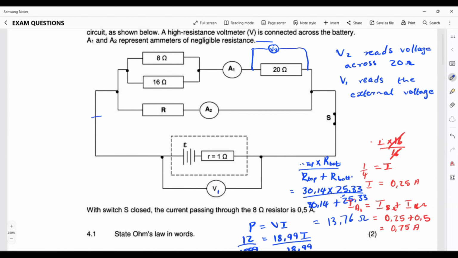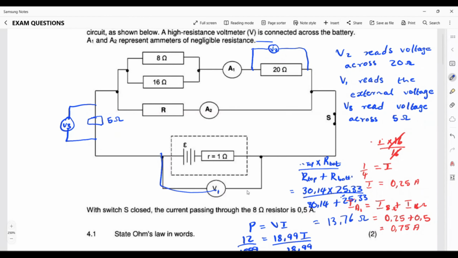If I had another resistor over here, let's say it was 5 ohms, and there was a potential difference, a voltage connected here, let's say it's V3, then V3 was going to read voltage across the 5 ohms.